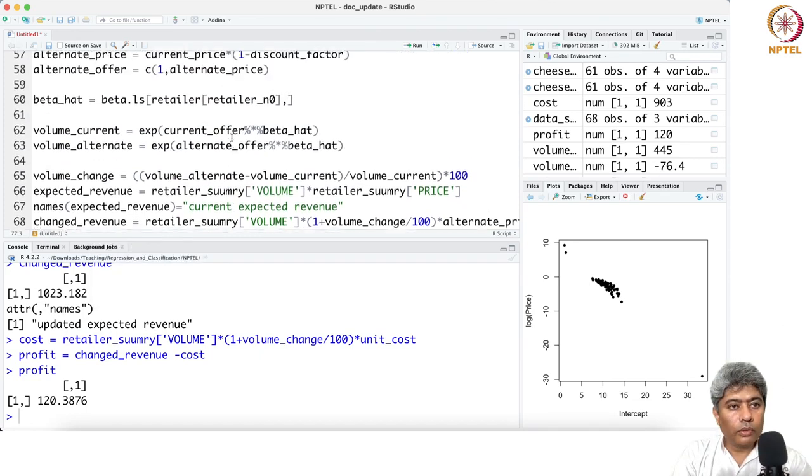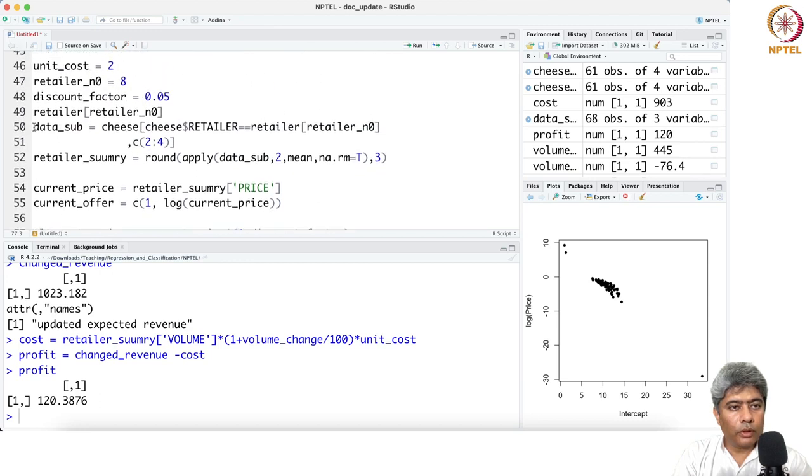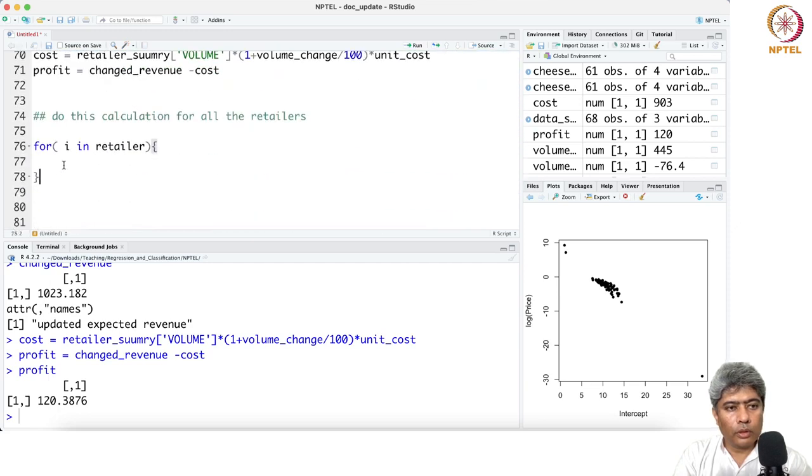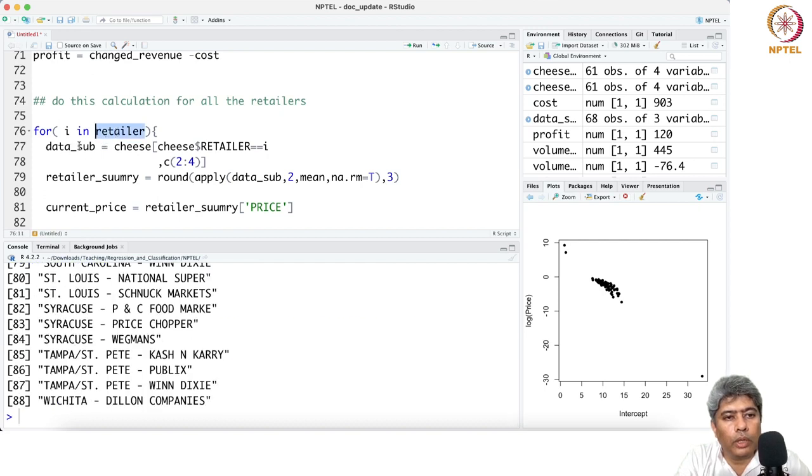Okay, so the first thing I have to do is perhaps data sub and retailer sum I.